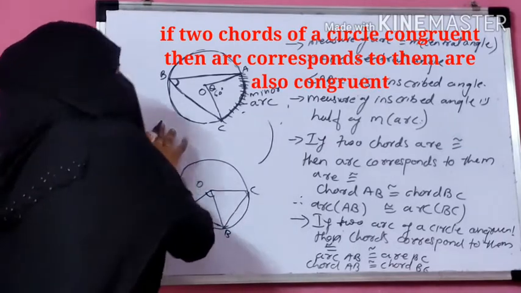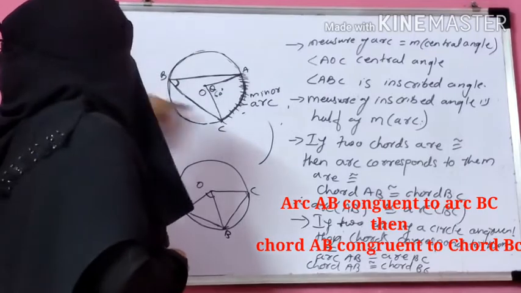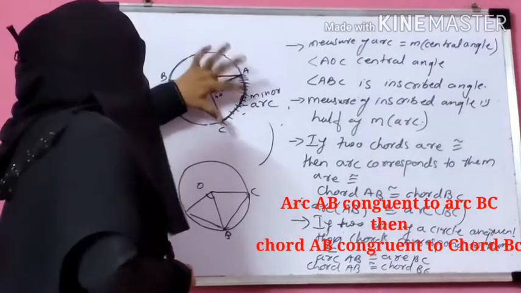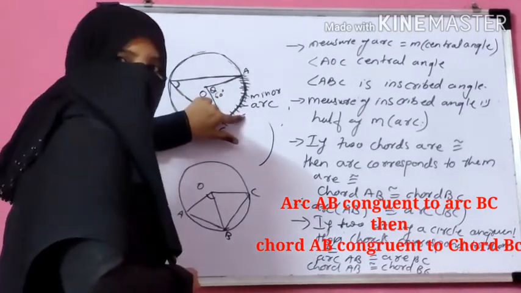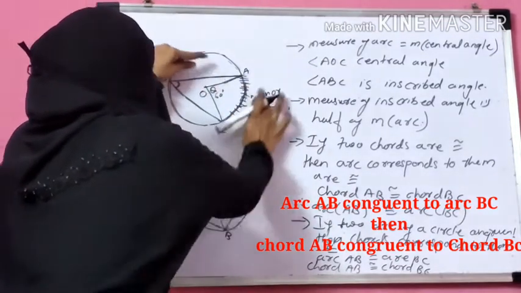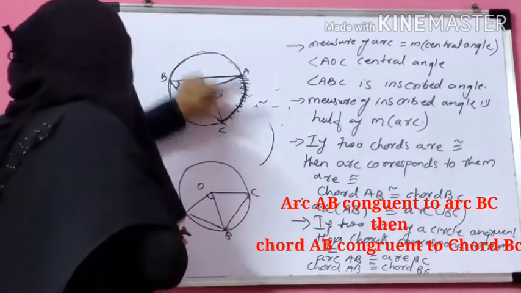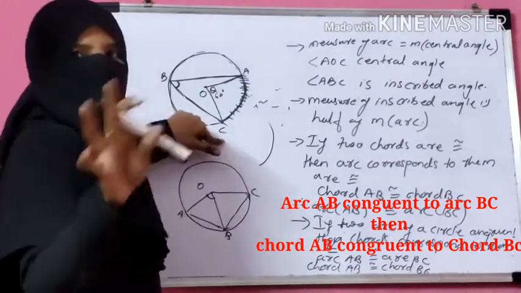Let's repeat one more time. An arc is a part of the circumference of a circle. For example, AC is a minor arc and ABC is the major arc.